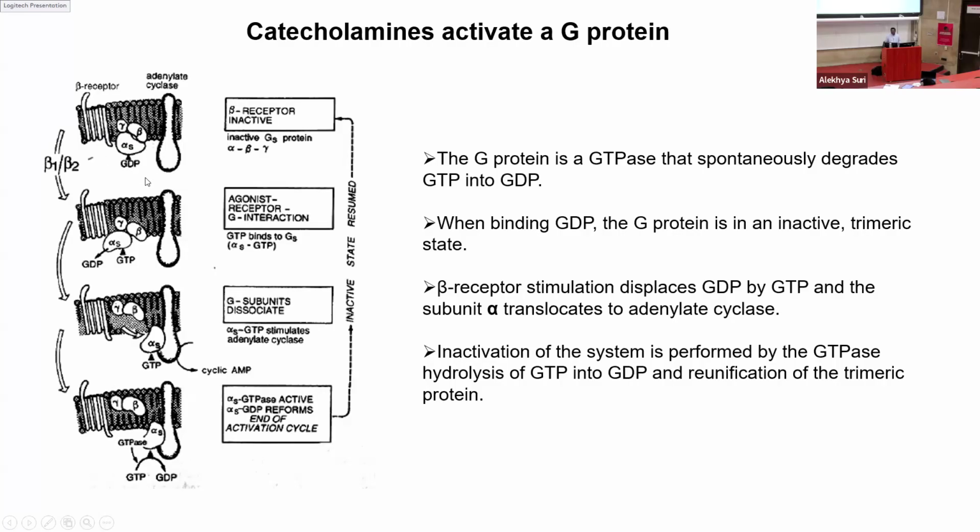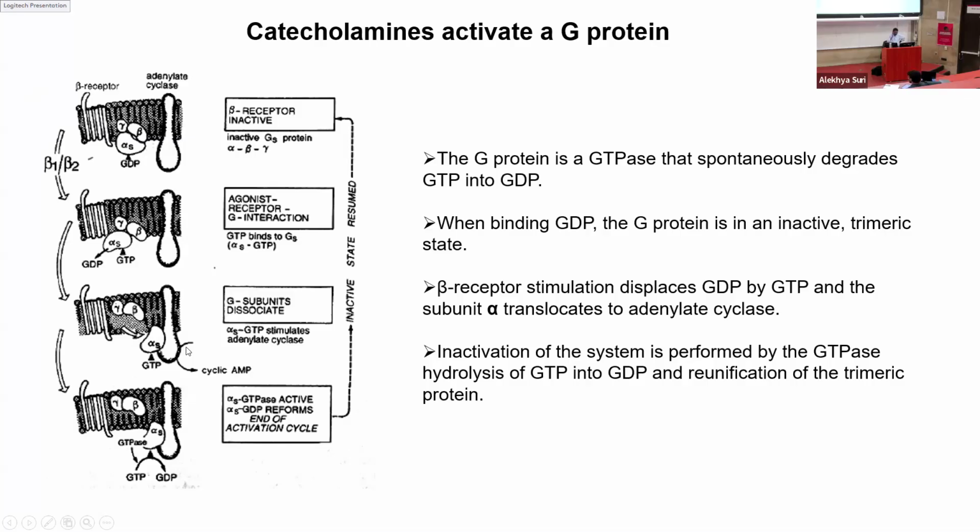In normal conditions, the alpha subunit hydrolyzes the GTP molecule and keeps the GDP. And this GDP complex is an inactive complex. Okay. So once the beta receptor is stimulated, the GDP will be replaced by a GTP molecule. Once the GTP is bound to the alpha subunit, the alpha subunit will separate from the beta gamma complex. And then the alpha subunit will bind to another enzyme called adenylyl cyclase.